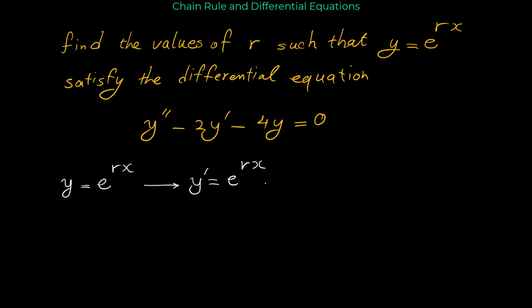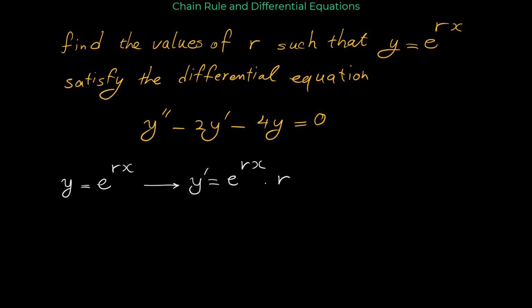Now we use this rule for finding the derivative of e to the rx. So the derivative of e to the rx is e to the rx times the derivative of the exponent. What is the derivative of rx? The derivative of rx is just r, like the derivative of 5x is 5, the derivative of 2x is 2. So the derivative of rx is r, because r is a number, a constant.